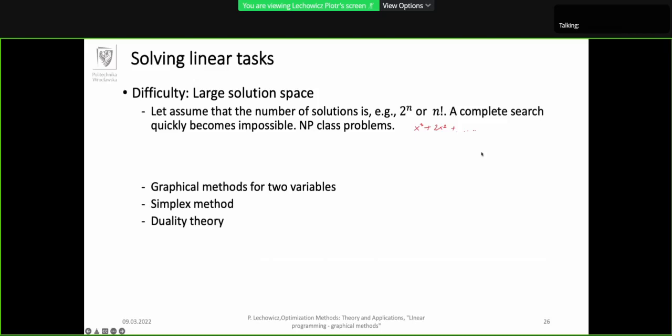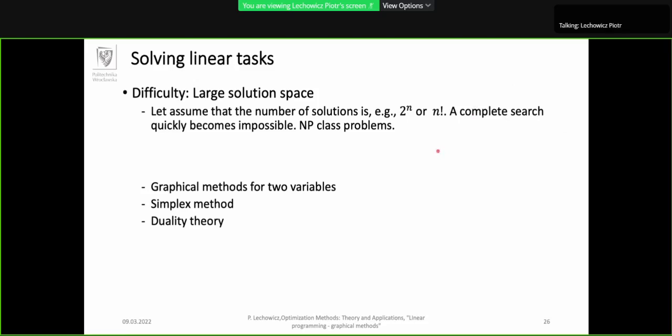We can only verify that the solution is feasible in such time. So there is a lot of problems which are in this class, and for such a problem, using a brute force, a complete search is not an option because it's not possible to calculate them in reasonable time.